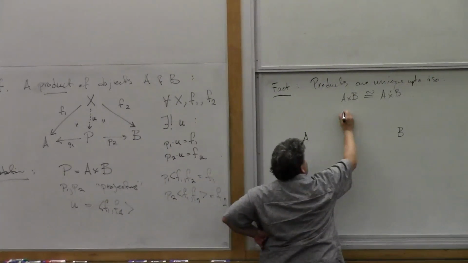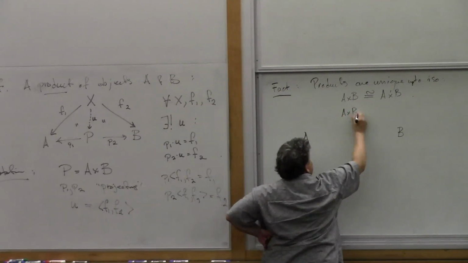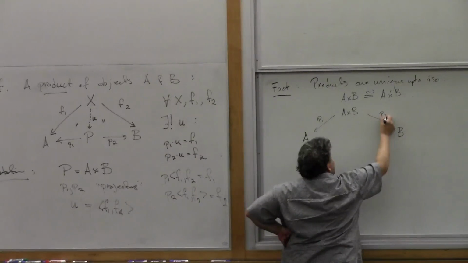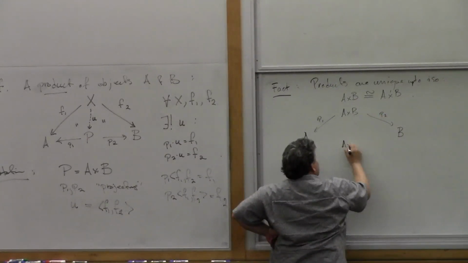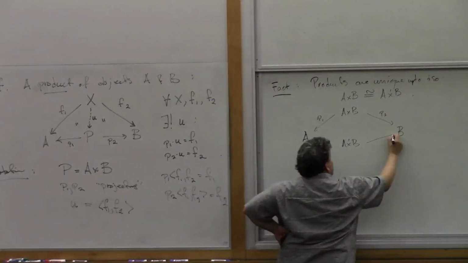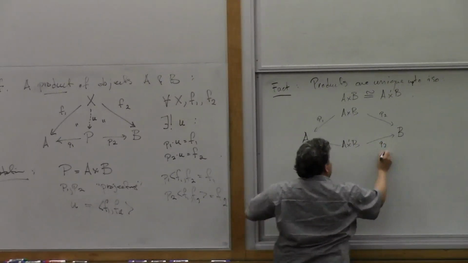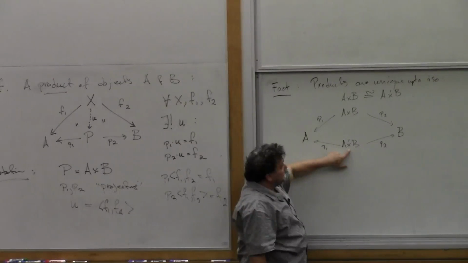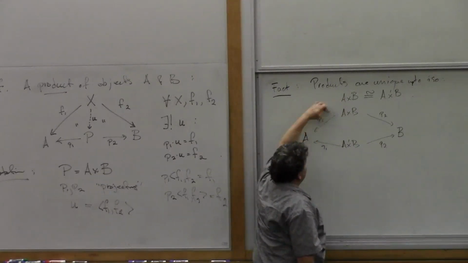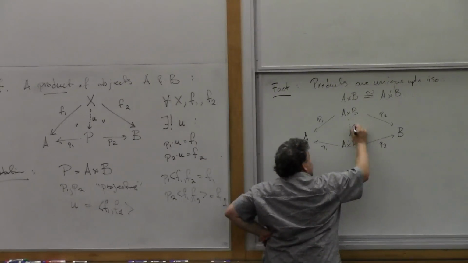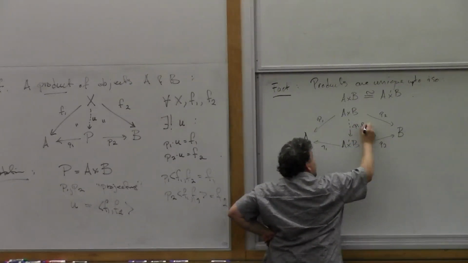We'll take one here, say A × B, with its two projections, P1 and P2. And let's take another one here, A × B, with its two projections. We'll call them Q1 and Q2. Now, if this one is a product, then this is some object with a pair of arrows, so there must be a unique arrow here, namely ⟨P1, P2⟩.